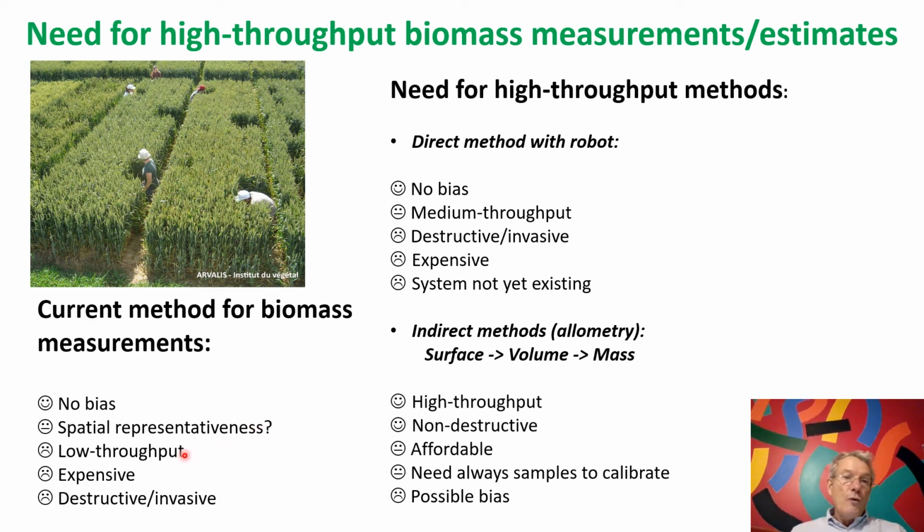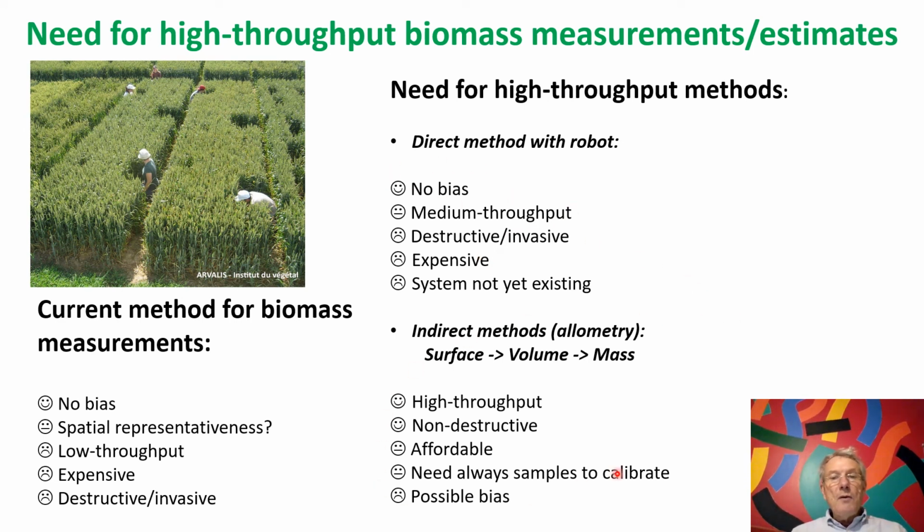It's low throughput, and of course it's destructive and invasive, so it's difficult to repeat that during the season many times on microplots, otherwise there will be no more material in the microplots. So we have direct measurements maybe with robots, but such systems are not yet existing. It could be medium throughput and probably quite expensive, but the advantage is that there is no bias.